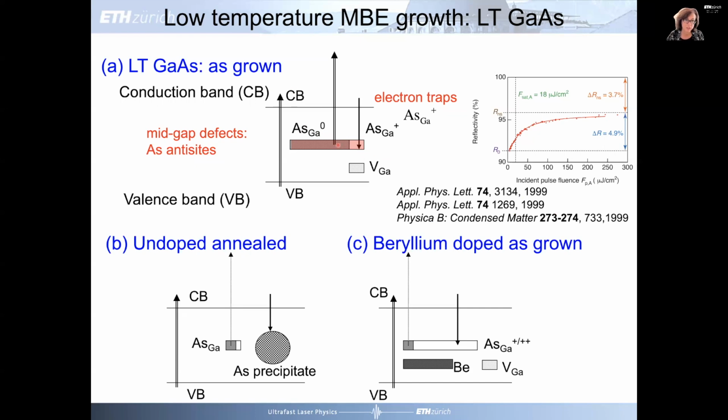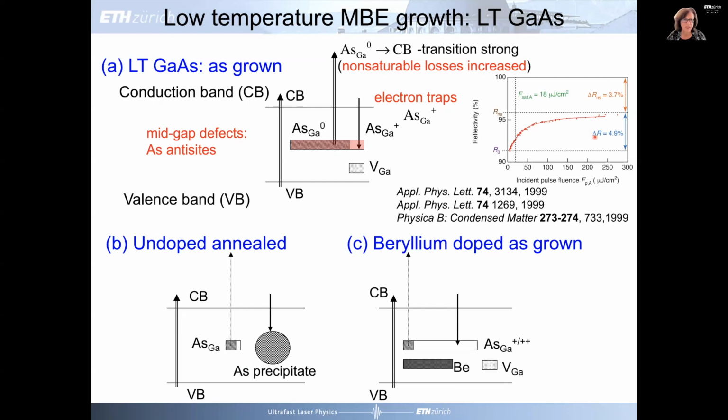If you have the neutral antisites, you end up with non-saturable losses with the transition from this state high up into the conduction band, which is not so easily saturated. And that's why you end up with rather high non-saturable losses, which can be as big as the modulation of your saturable absorber, which is not what you want.